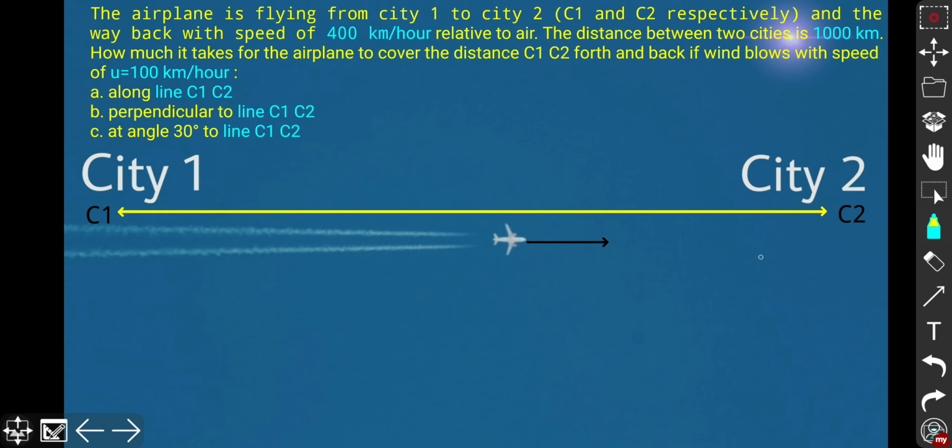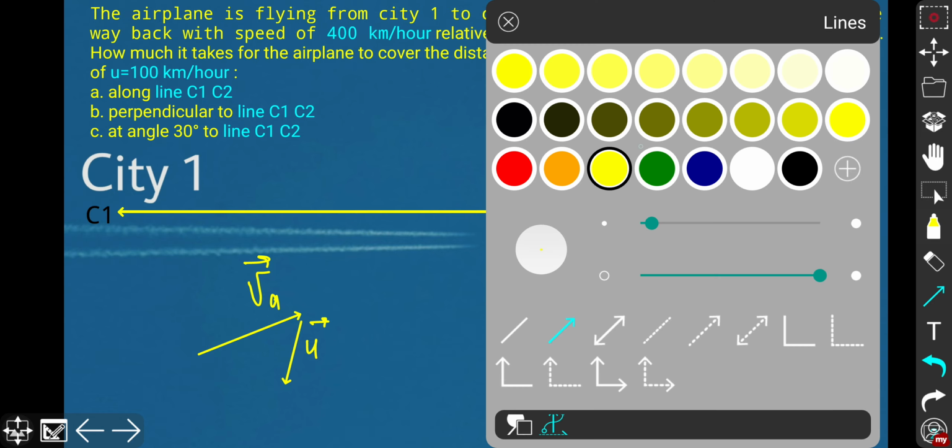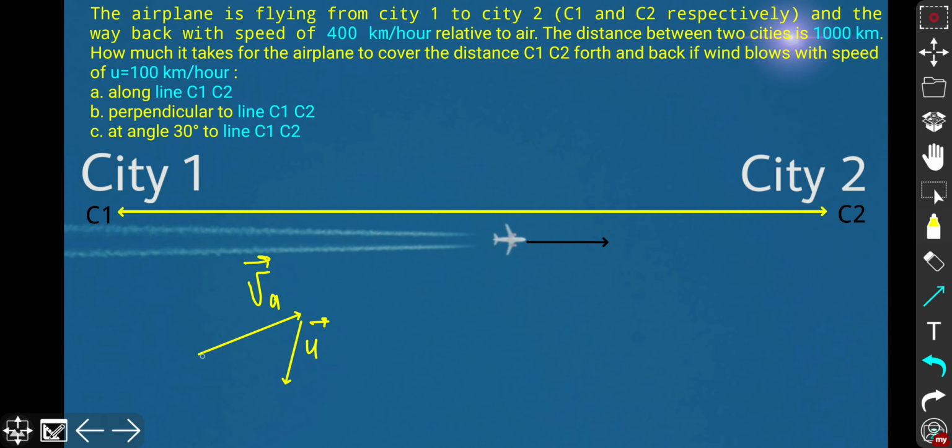So that's all about relative velocity. Make sure you remember, if you have, let's say, v of airplane, and you have the velocity of wind, let's mark it as u, they're both vectors because they are velocities. The resultant vector takes into account the wind and the speed of the airplane when there is no wind, which we mark VA.